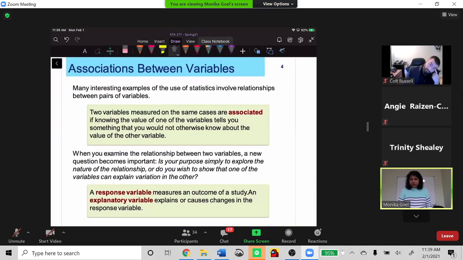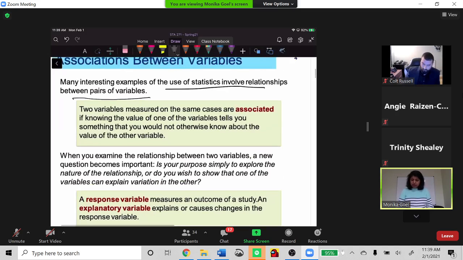Many interesting examples of the use of statistics involve relationship between pair of variables. Two variables, again, measured on the same cases. So when we are saying two variables, they should be coming from the same individual. In statistics, cases is the same as individuals.